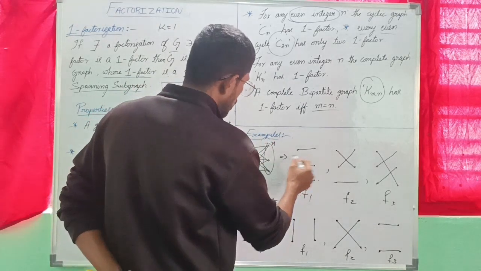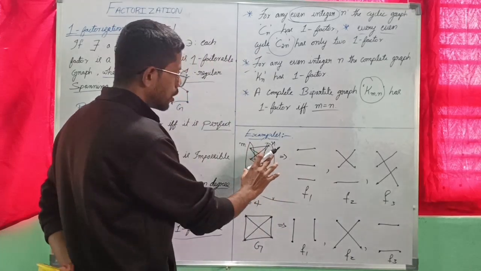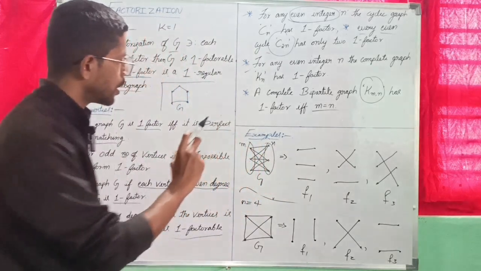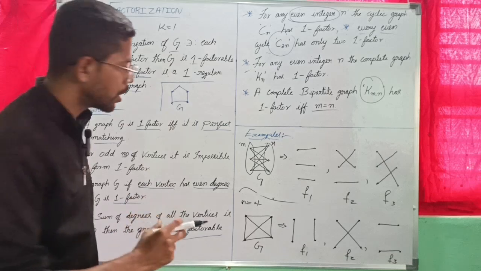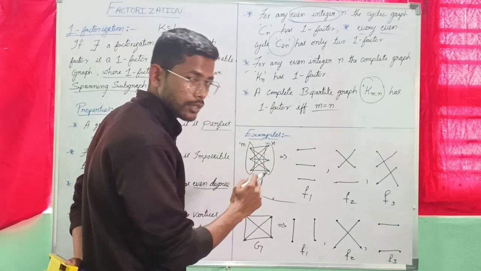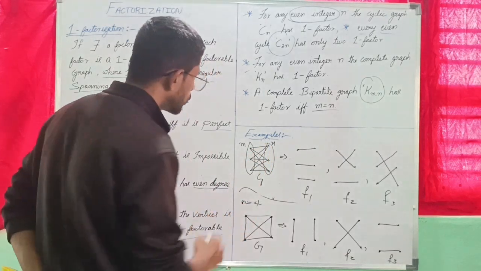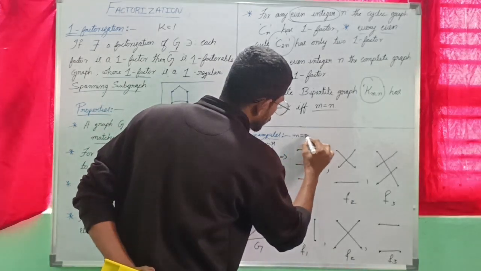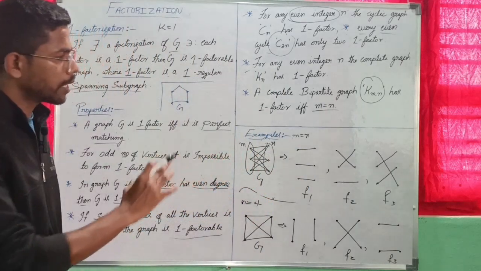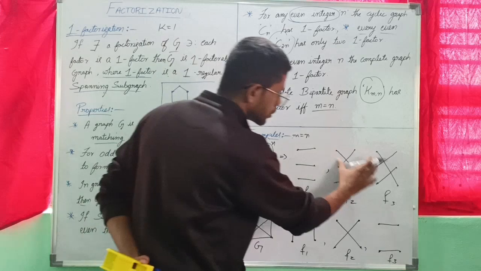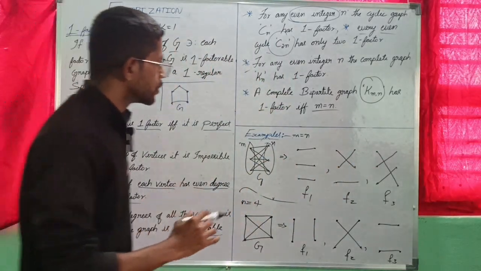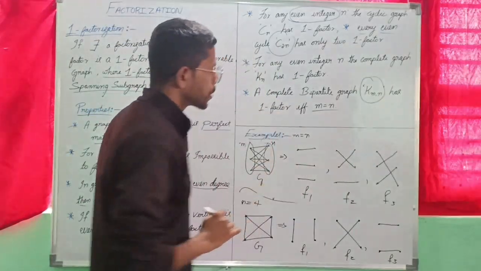When we decompose this graph G, which consists of equal elements in each set, in set M there are three vertices, in set N there are three vertices. So here m equals n. When m equals n in a complete bipartite graph, we get one factors here, right? So this is the last property.